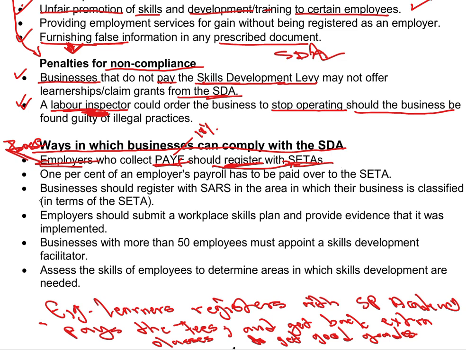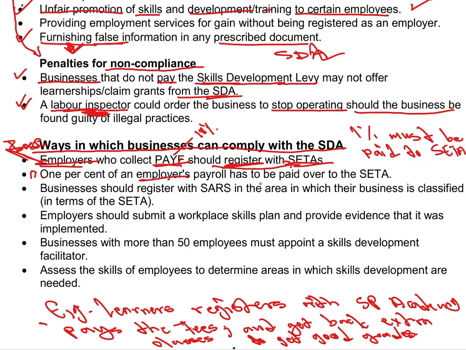So now we can take the second one, the skills 1% of an employer's payroll is to be paid over to SETA. So they are saying that 1% of every employer's payroll has to be paid to SETA.